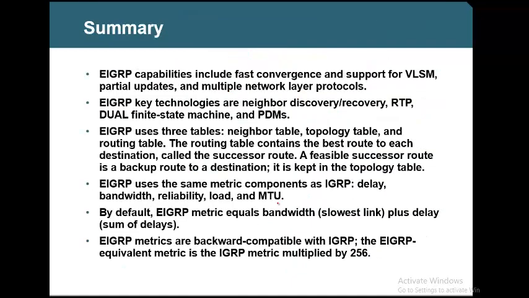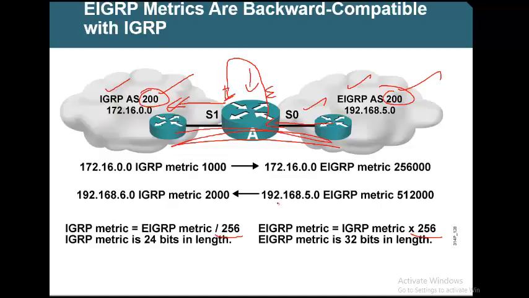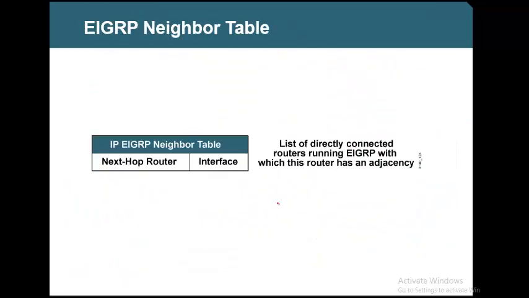So in this chapter, what you learned is about the most important features and terminologies of EIGRP. This had a lot of information. We covered this entire chapter in 3 days. It's a very big chapter actually.